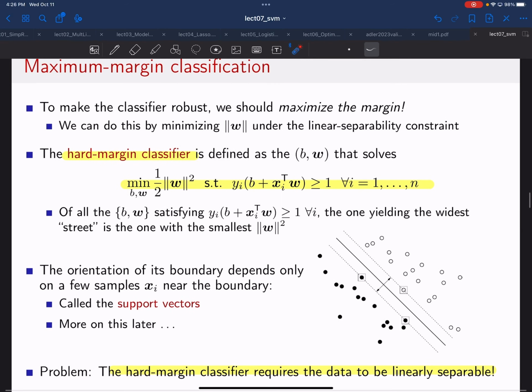So the next step is to modify this idea so that it will still work even if the data is not linearly separable. And we're looking for something that works the same as this, but just extends the coverage to more general cases.